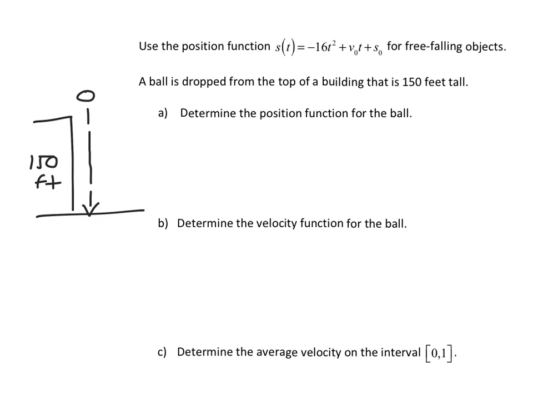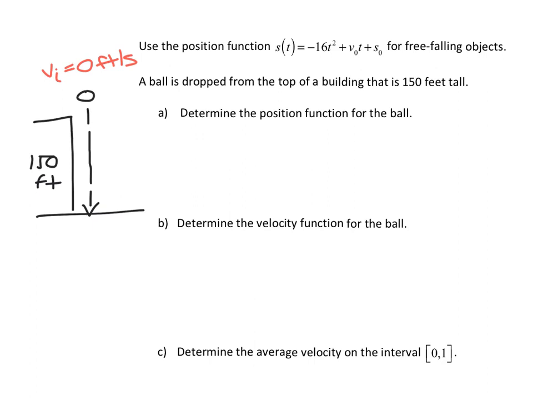If we're dropping the ball from 150 feet, I'm not putting any speed behind that initial toss. It's not even a toss, it's just a drop. So the initial velocity, which normally we call vi, is going to be 0 feet per second. And when the ball gets to the bottom, here it starts at 150 feet. Down here it's going to be a height of 0 feet.